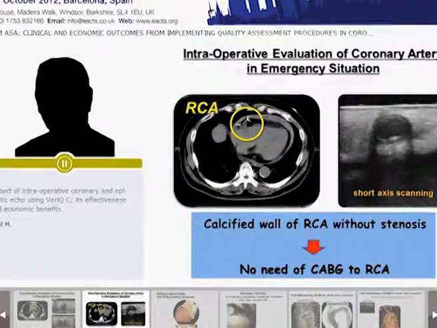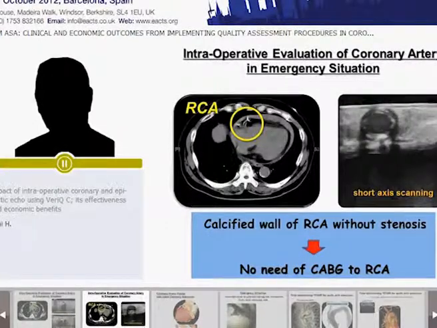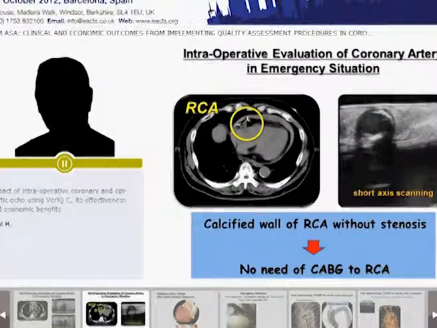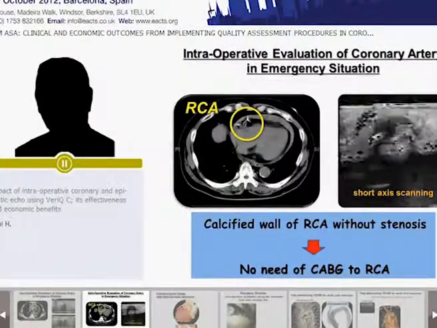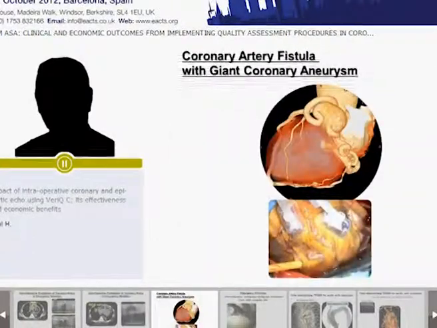If you feel anything bad about the heart, maybe you can just scan the coronary artery, then you can find the patency of the coronary artery and avoid unnecessary discard.